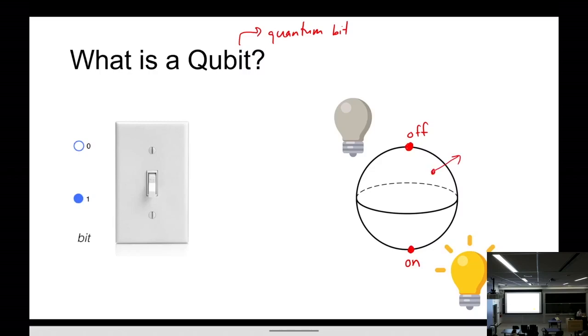So if I put my finger here, I'm in an indeterminate state. So some probability. As soon as I walk into the room and I check, the light is on or off. The act of me going into the room and checking it out forced it to be that way. And this quantum light switch that we've created is an example of a two-state quantum system.